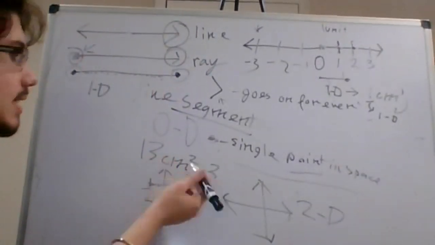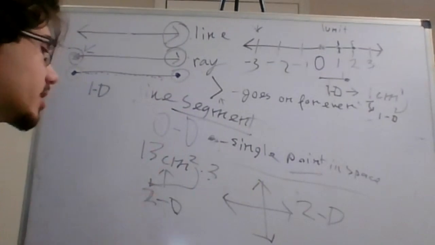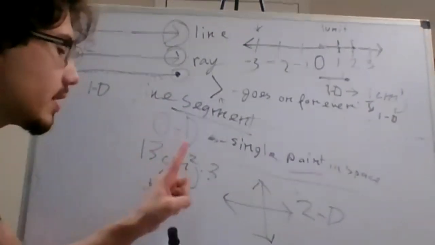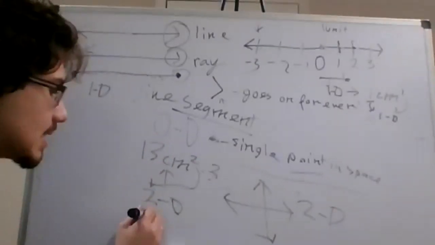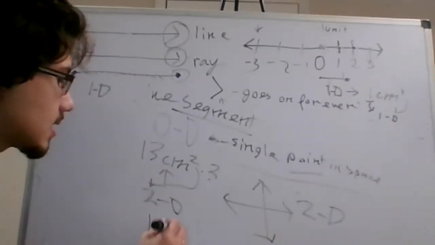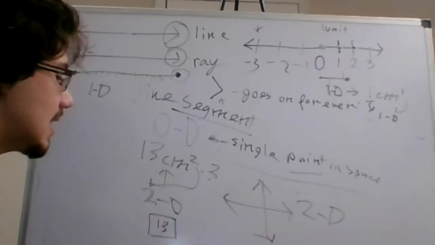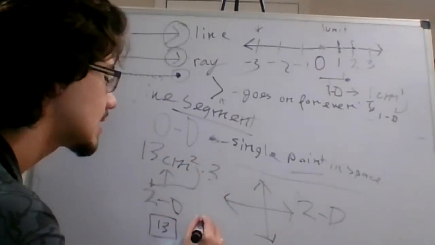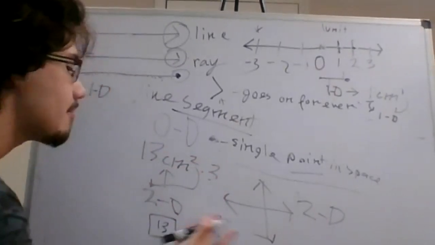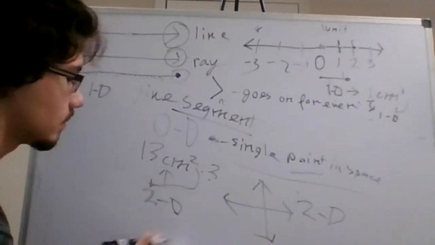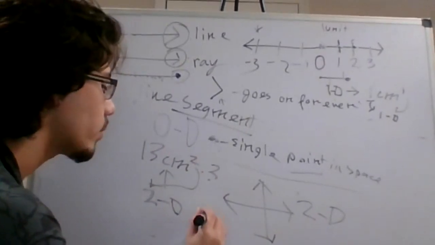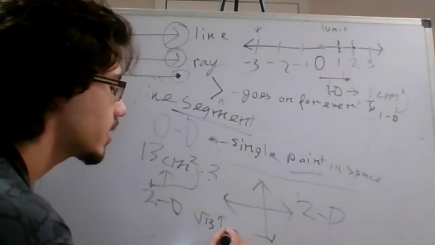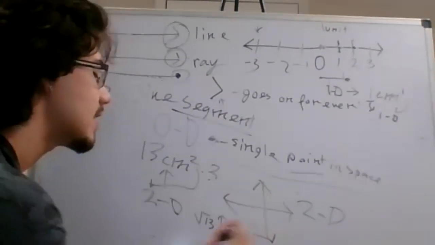When we say 13 centimeters squared, it is 2 directions. So that means it is 13 split into pointing 2 different ways. The way we describe it is that 13 centimeters squared means a square of area 13. So since a square is a side squared, that means that it is a square root of 13 pointing in one direction and a square root of 13 pointing in a different direction.